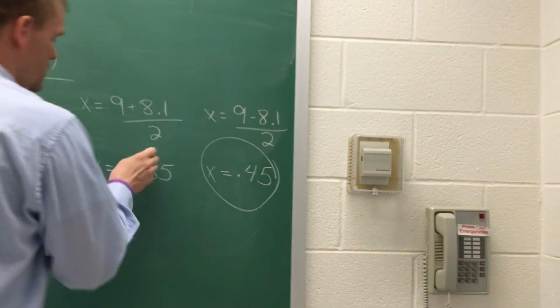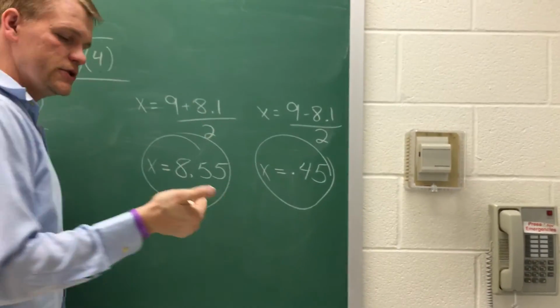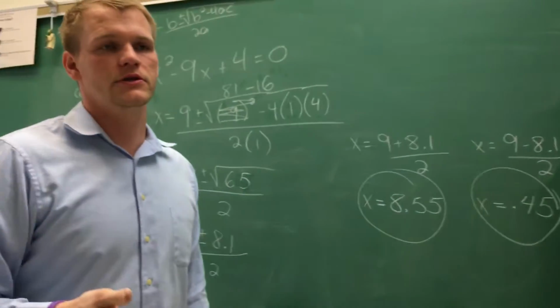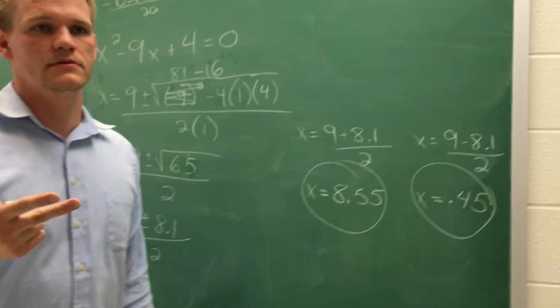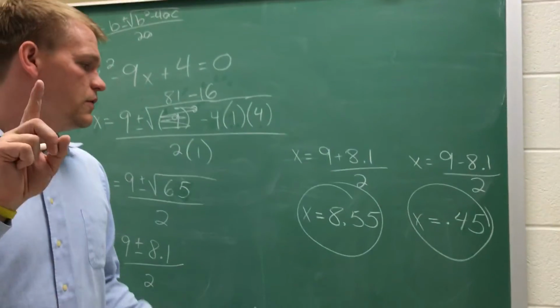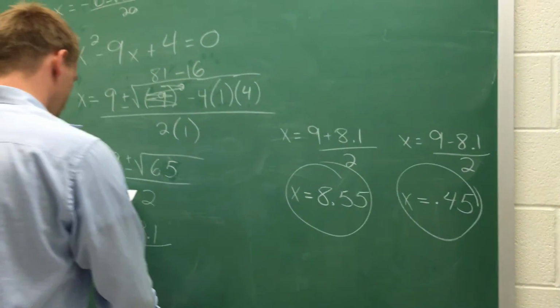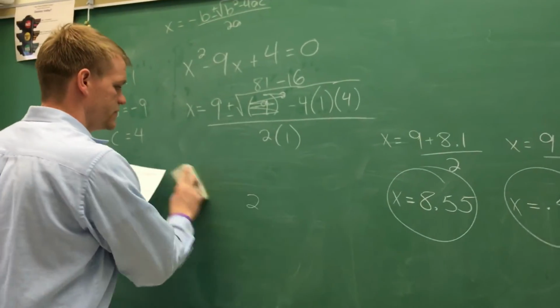So my two, you can call these solutions, you can call these zeros, you can call these roots, would be 8.55 and 0.45. So that's how you use the quadratic formula.